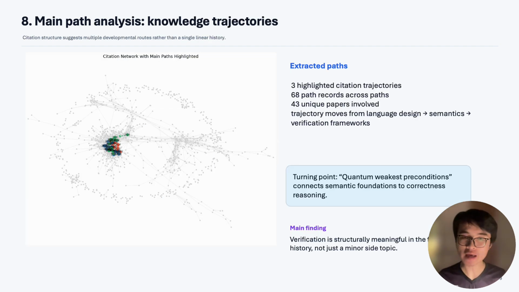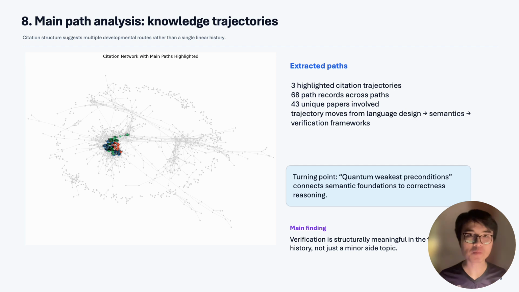And the main path analysis gave me the historical layer of the project. It extracted 3 major trajectories with 68 path records and 43 unique papers. The most important interpretation is that the field does not develop along one simple line.